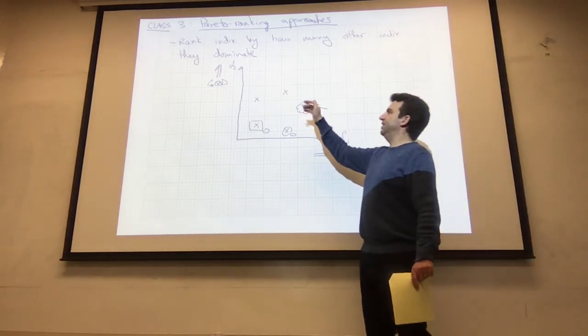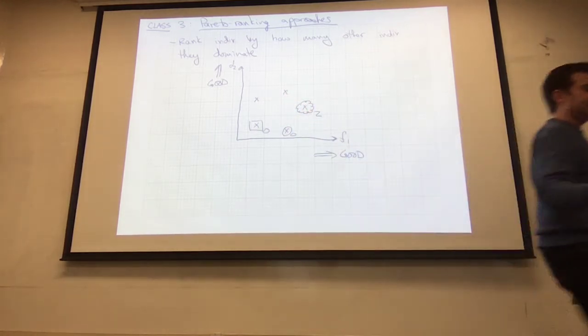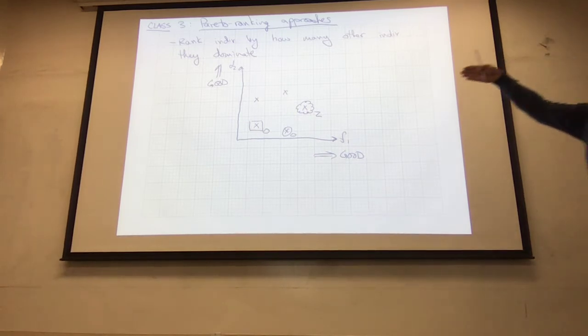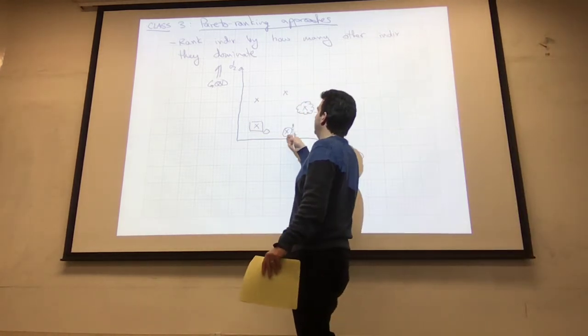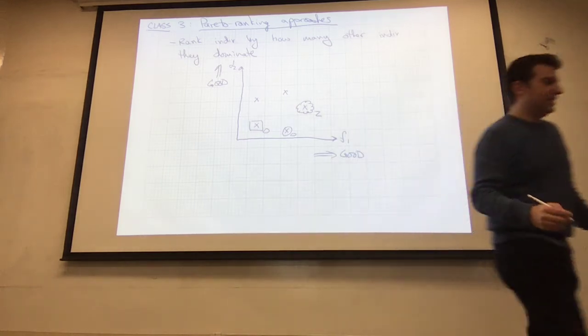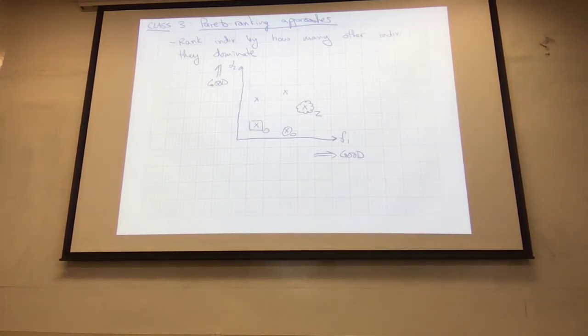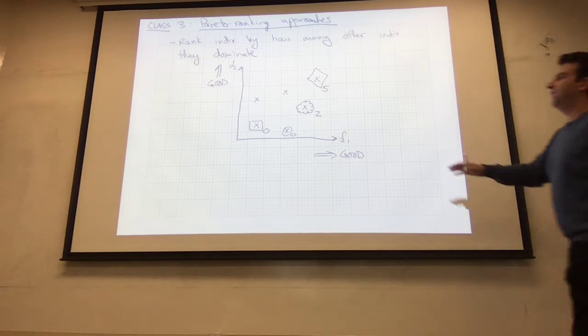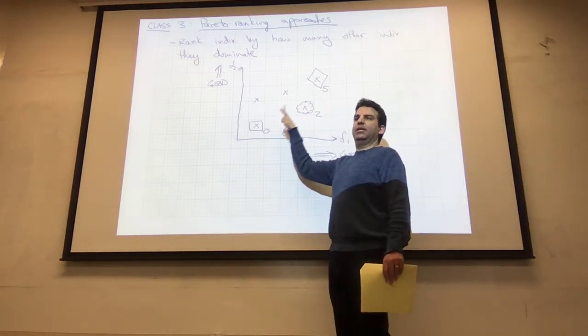And then for this one here, I can play that same game, and I might need to draw dashed lines down from here. If I create another solution out here, it dominates all of these: 1, 2, 3, 4, 5 solutions. So for each one of these, I can count how many solutions they dominate.